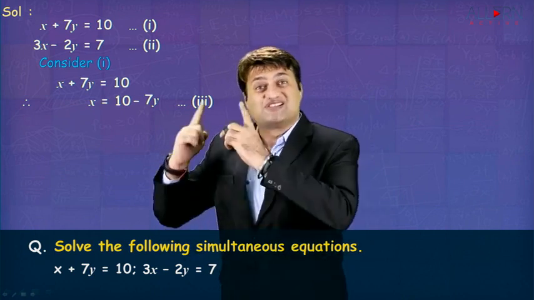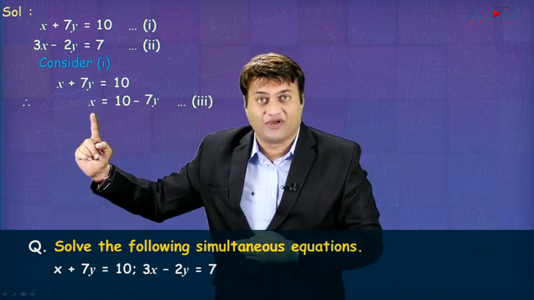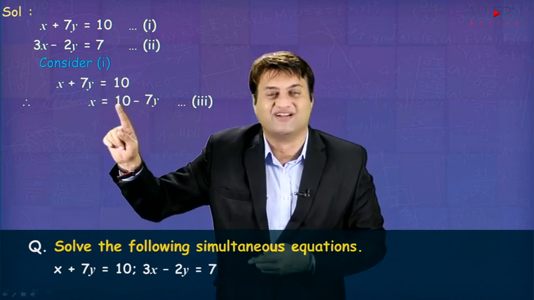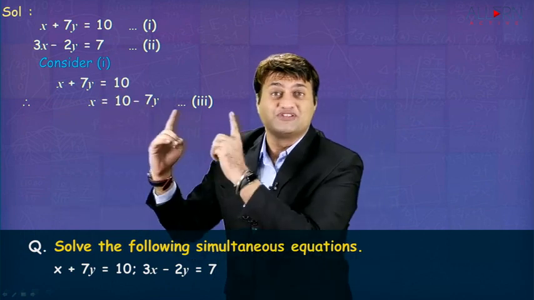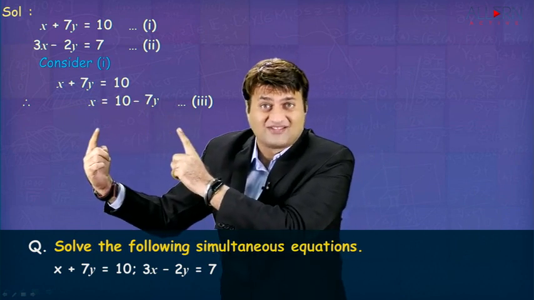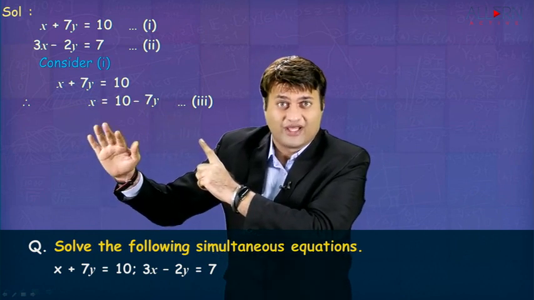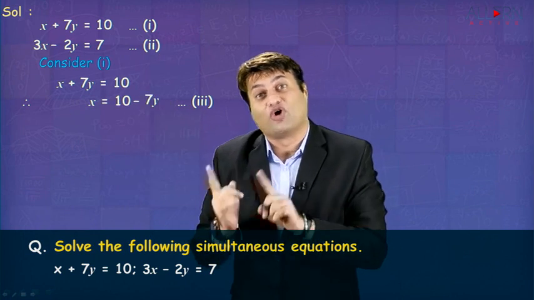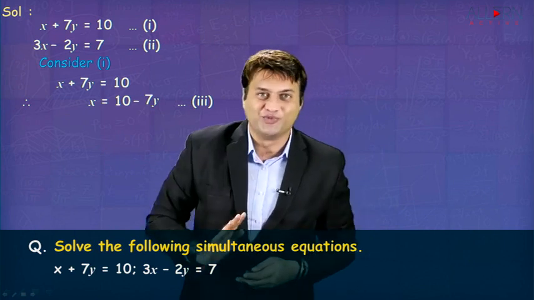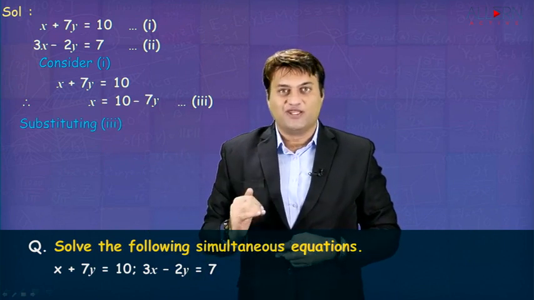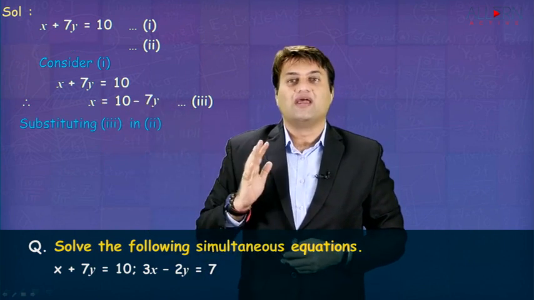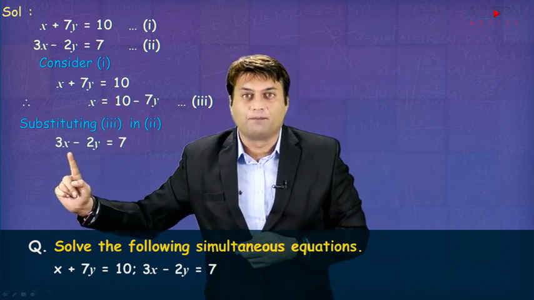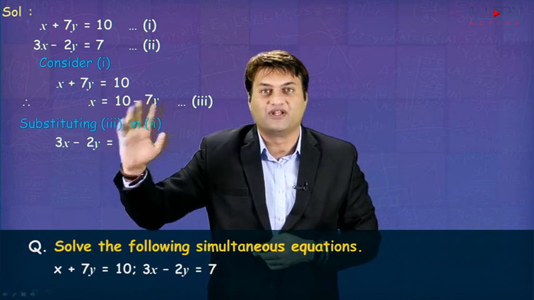So we need to substitute this value of x, that is equation number 3, in the equation which was not considered, that is equation number 2. So the next step is substituting equation number 3 in equation number 2. Here in place of x, you need to substitute 10 minus 7y.